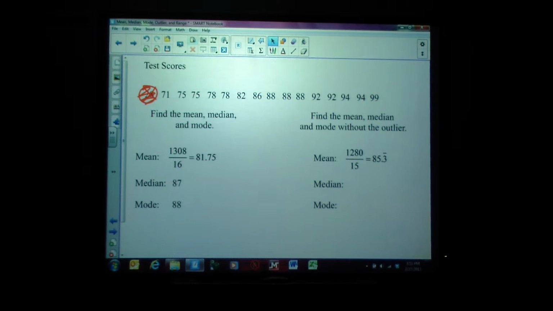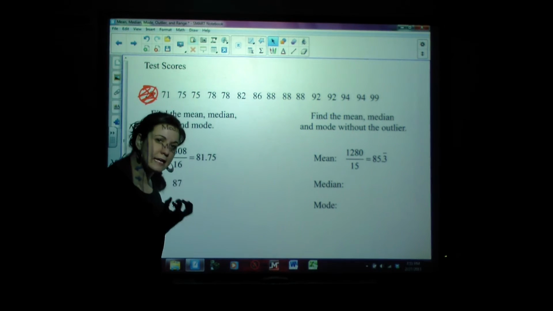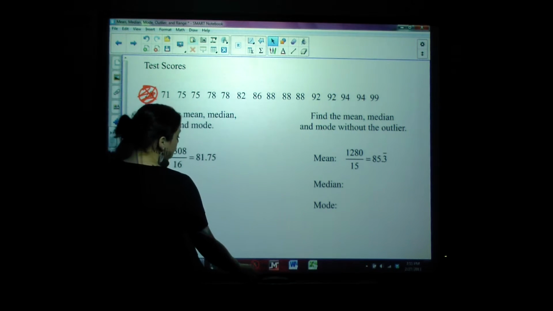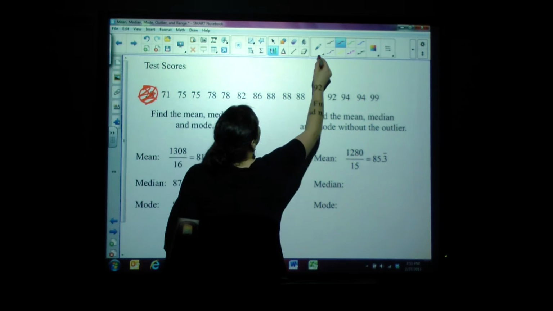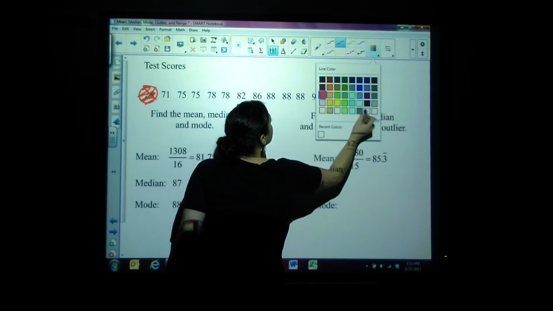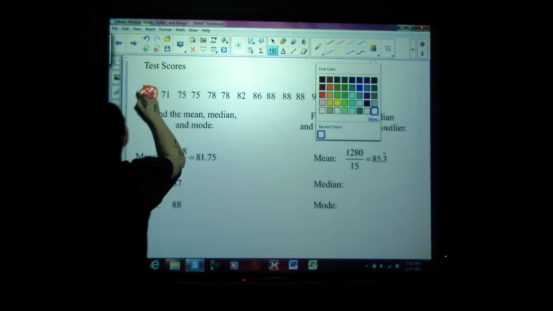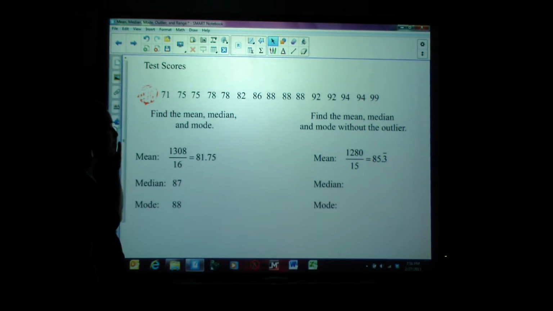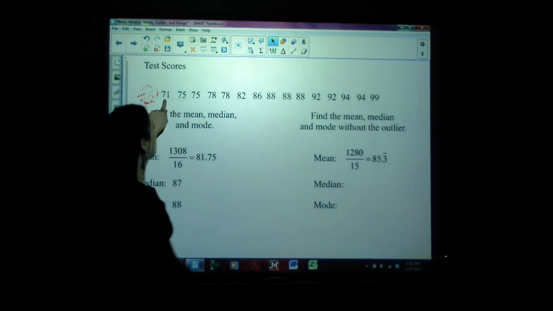So notice my mean changed quite a bit. It got quite a bit bigger when I took out that one outlier that was dragging the data down, dragging that middle down. Okay, let's look at median. When we've gotten rid of this 28, let's try to erase it here. It's gone, let's ignore it. Once it's gone, to find the median, we're now going to count in on just this data that we have left over.